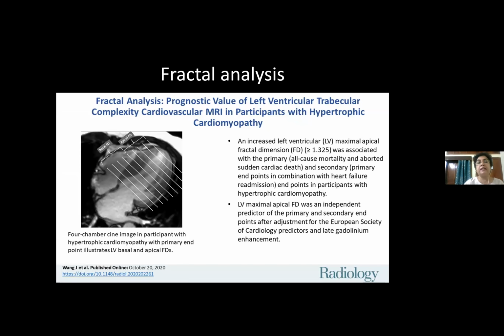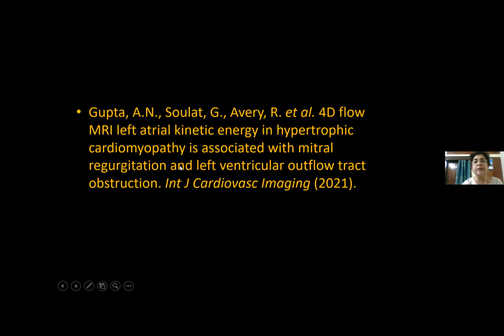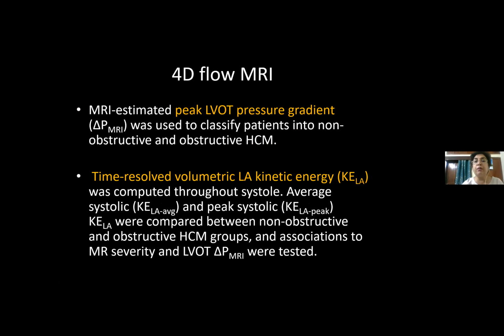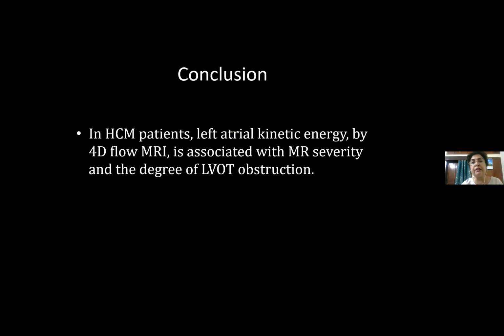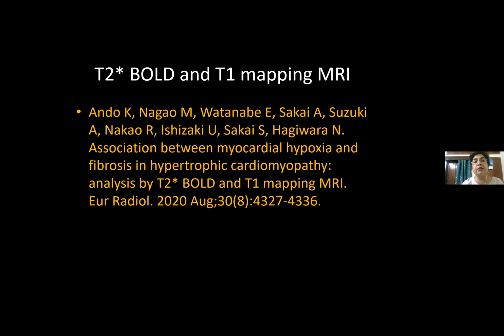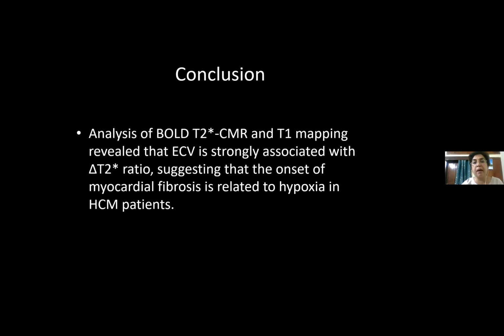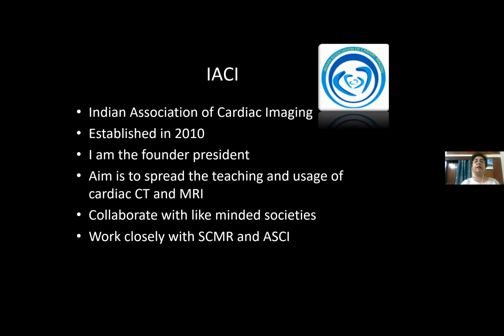Fractal analysis is yet another technique to indicate abnormal pathology, and this is by looking at the apical fractal values. 4D flow imaging can be used to assess LA kinetic energy. T2 star BOLD and T1 mapping techniques are now available.